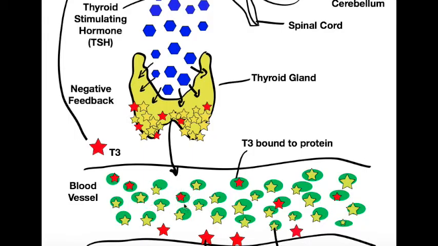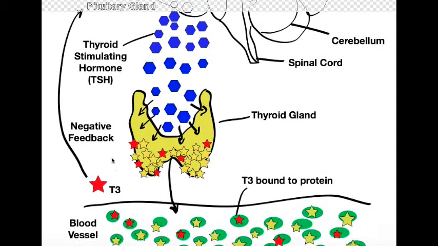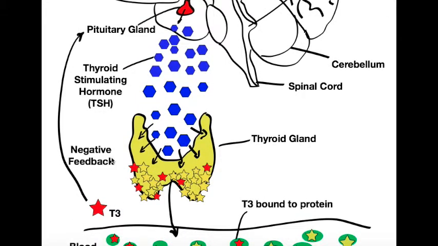Now the other important thing to note here, which will become relevant later on, is that the amount of thyroid hormone, here in red stars, in the bloodstream then regulates the pituitary gland higher up. So when the bloodstream carries the thyroxine back to the pituitary, we have what we call a negative feedback loop.